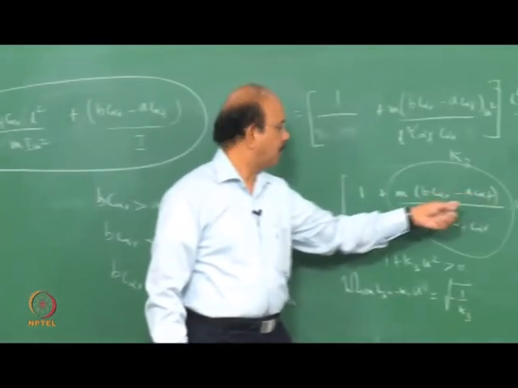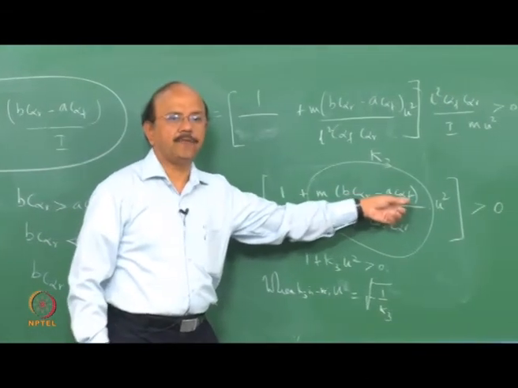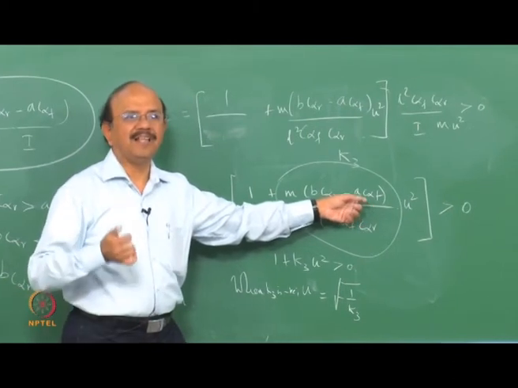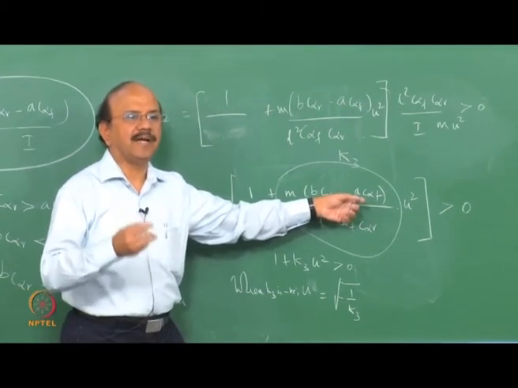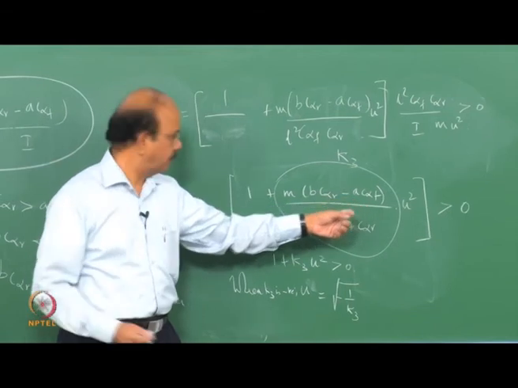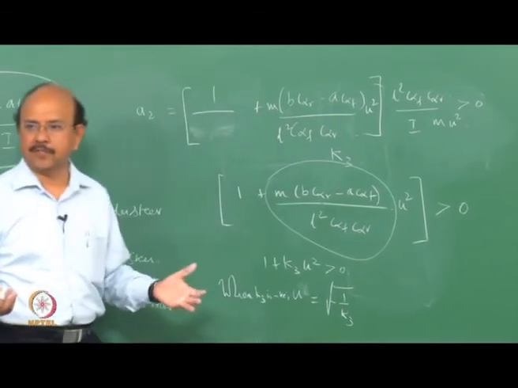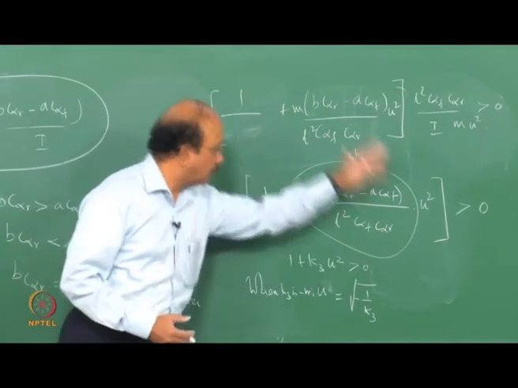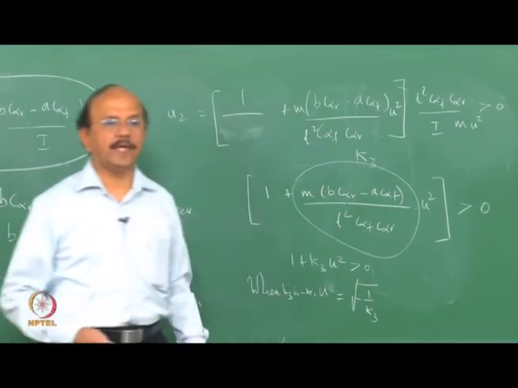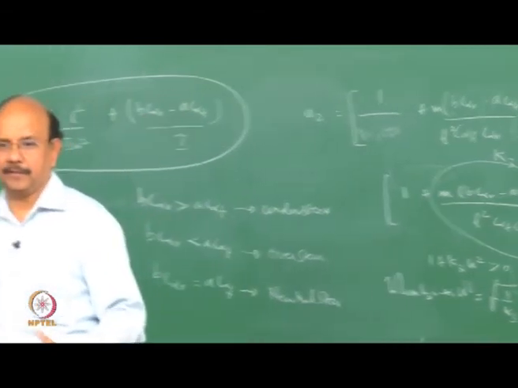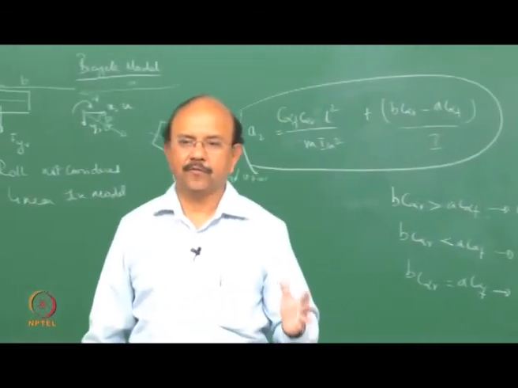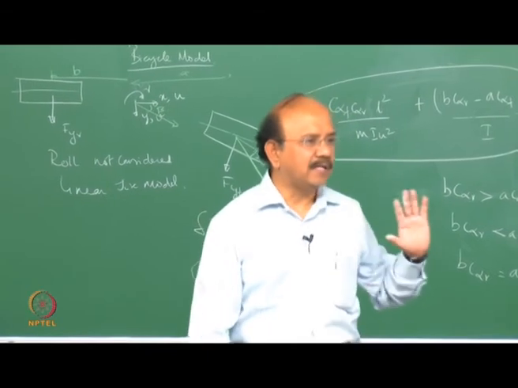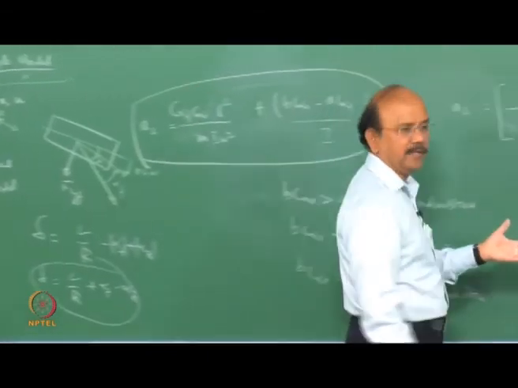C alpha f and C alpha r are the result of the assumption that the tire is linear, so they are constants of the tire. L squared, C alpha f, C alpha r, and so on. That makes this whole thing K3 a vehicle parameter. So the vehicle can be an understeer vehicle or an oversteer vehicle.